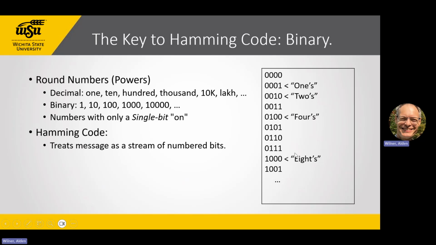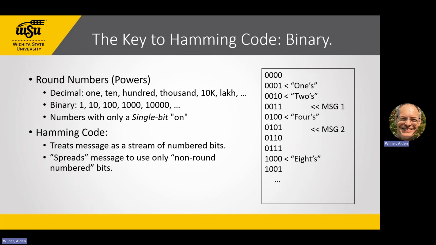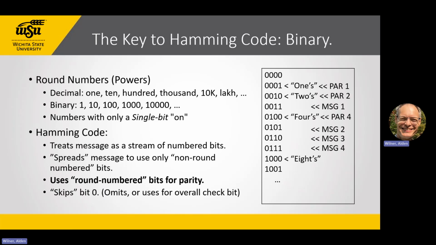Hamming 15,11 adds one more bit at the 8s, and then has another 7 bits that follow before it gets to the 16th bit. It spreads the message to use non-round-numbered bits: message 1, message 2, message 3, message 4. Message 5 would go down here, and it uses those round-numbered bits as the parity. Again, parity 1, parity 2, parity 4.